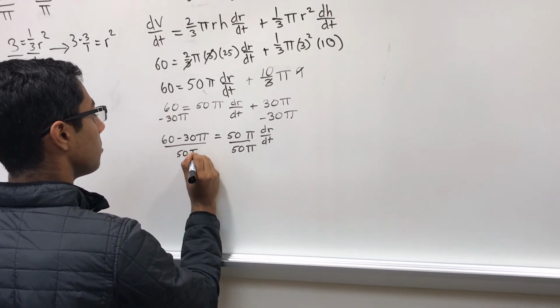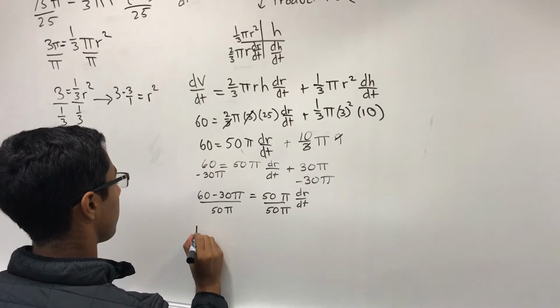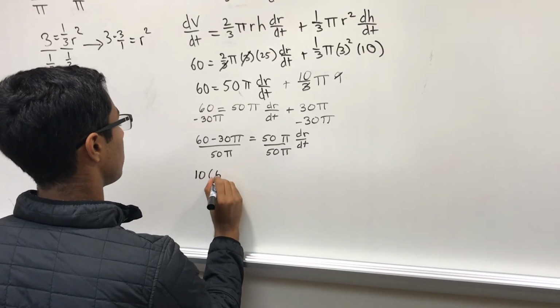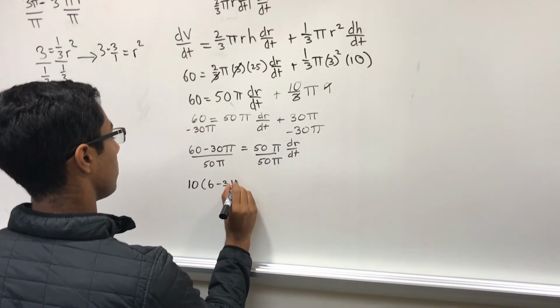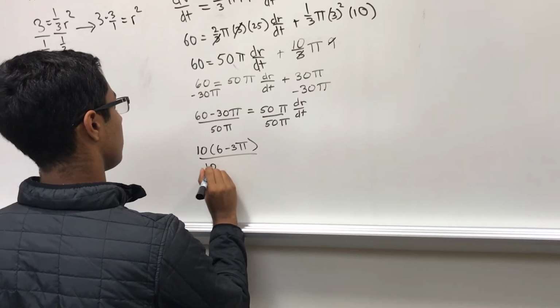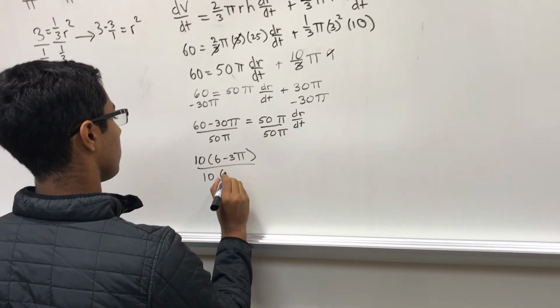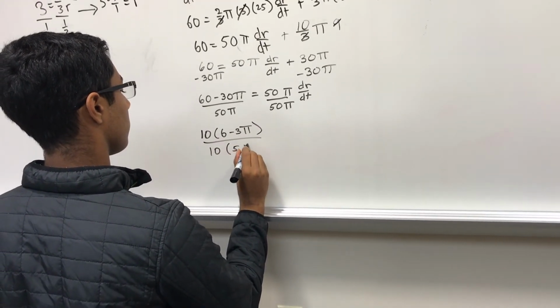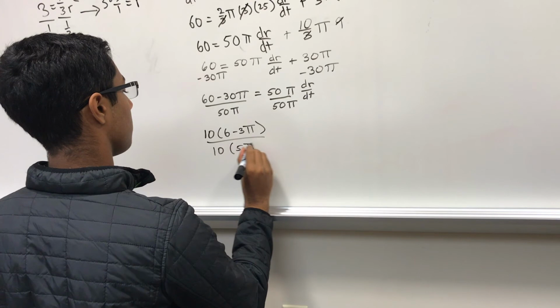Now, this is a good answer, but it's not the best. We can simplify even more. We can factor out a 10 from both 60 minus 30 pi and 50 pi. So to do this, we just factor out a 10. This result would be 10 multiplied by, in parentheses, 6 minus 3 pi, close parentheses, over 10 multiplied by 5 pi.